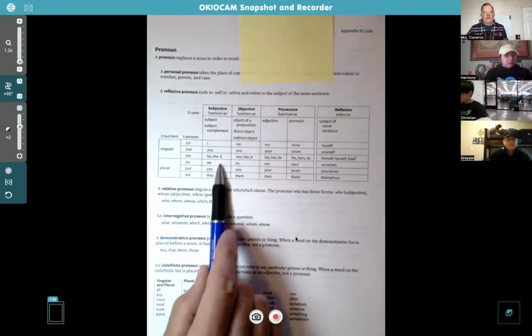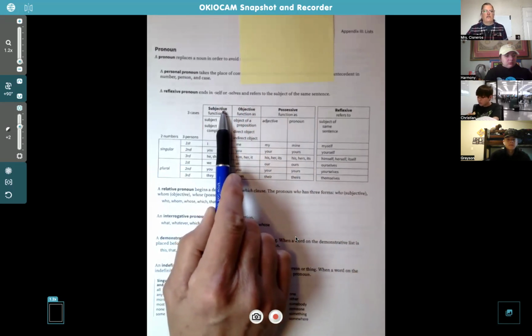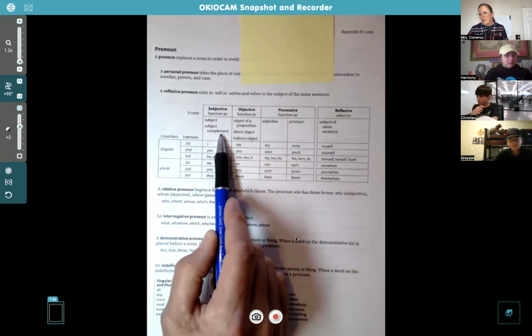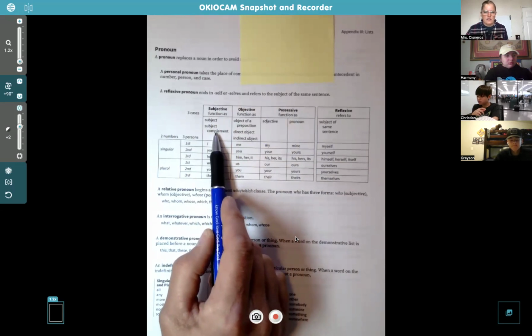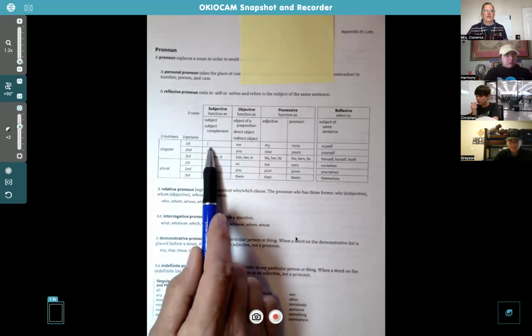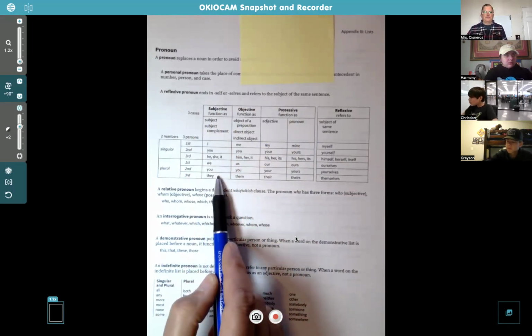And then as you read this across, these are subjective pronouns and they function as the subject or the subject complement. We'll be talking about that more as we get into the grammar, but just remember these can be used as the subject of the sentence. So I, you, he, she, it, we, you, they.